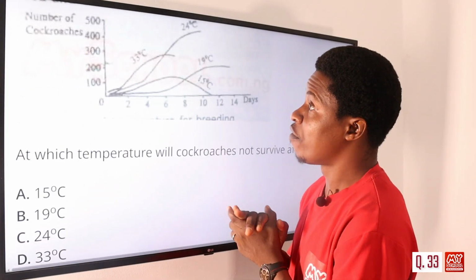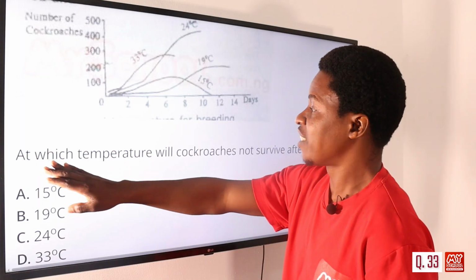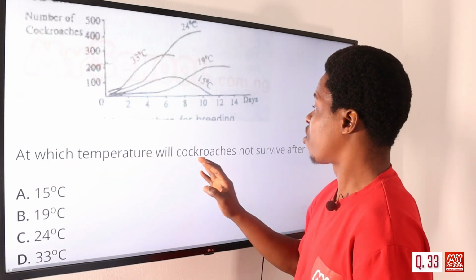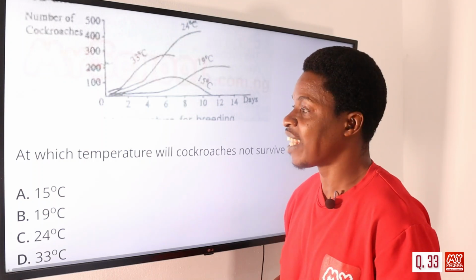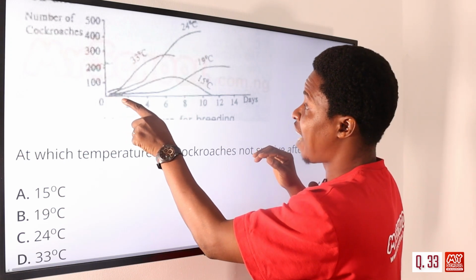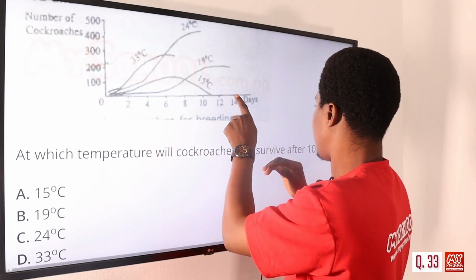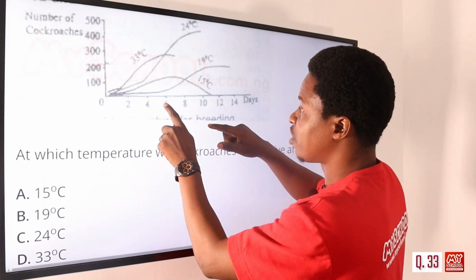We have the same curve here, the same diagram, with the number of cockroaches, and the question is, at which temperature will cockroaches not survive after 10 days? So all we need to do is trace the axis for the number of days: 2, 4, 6, 8, 10.